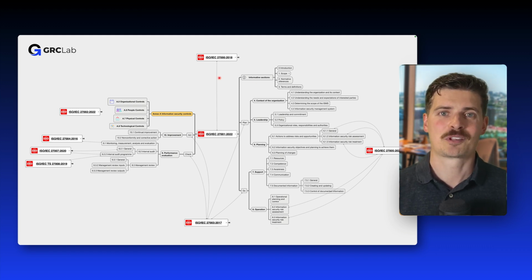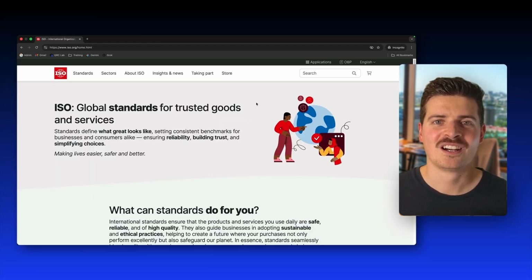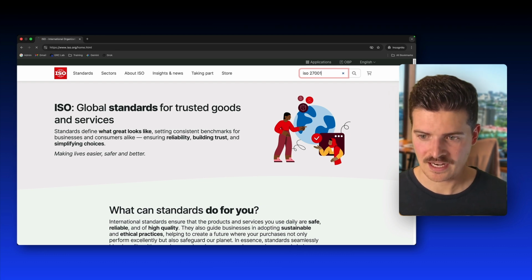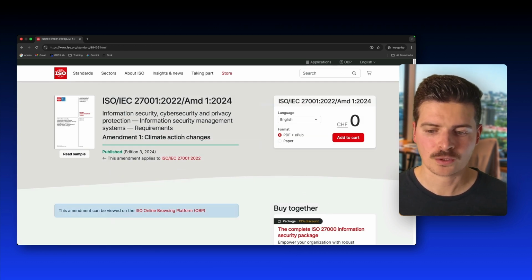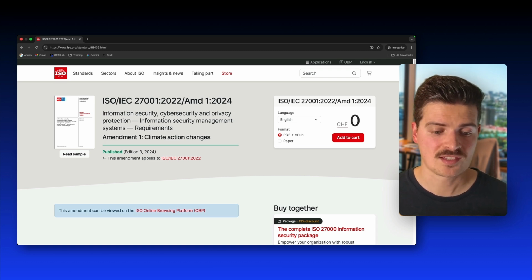And next I will show you where you can find the entire ISO 27000 family of standards on the ISO's official website. Alright, now as promised, how to find the complete list of the ISO 27000 family of standards. So for that, let's just enter ISO 27001, and the first result is already a good one. Now we are on the official website of the ISO 27001 standard.